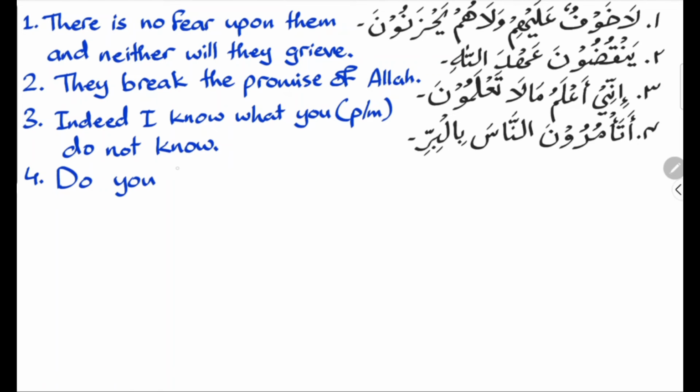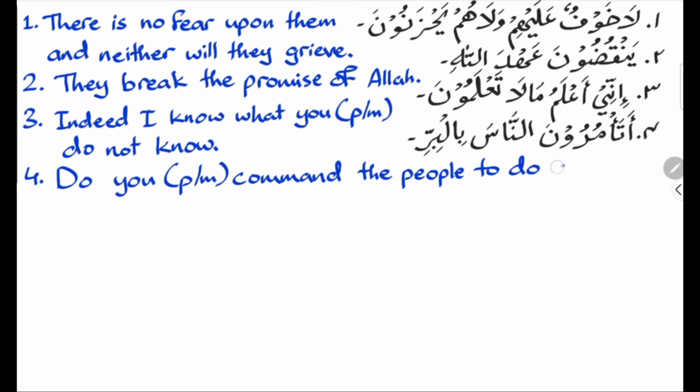Do you, plural male, command the people, الناس, that's the maf'ul. Bil birri means with goodness. Do you command the people with goodness? And with goodness sounds awkward in English, so the way you would actually translate it is, do you, plural male, command the people to do good? That's what it literally means.